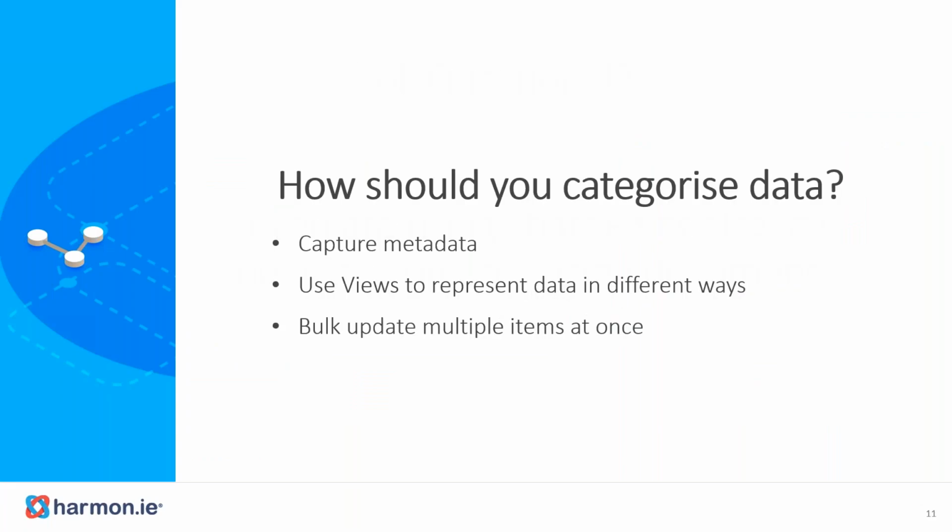So as I say, how should you categorize your data? When you're capturing your content via Harmony, we can also capture and use metadata to classify the content as you're capturing it. And then, as we just saw very briefly, we can use views to represent the data in different ways, even within document sets and folders.